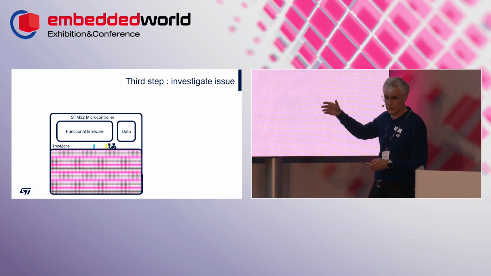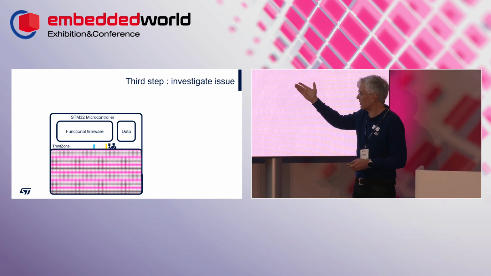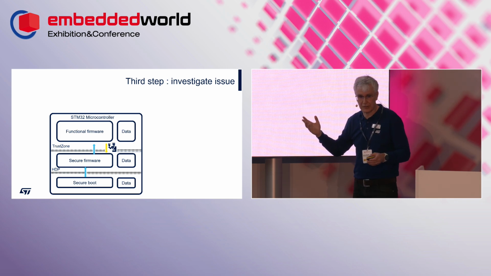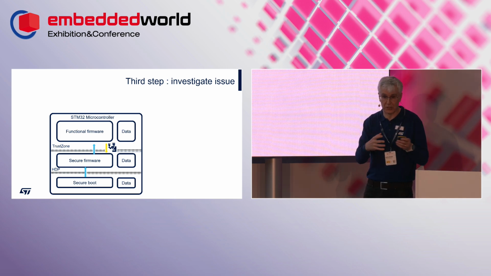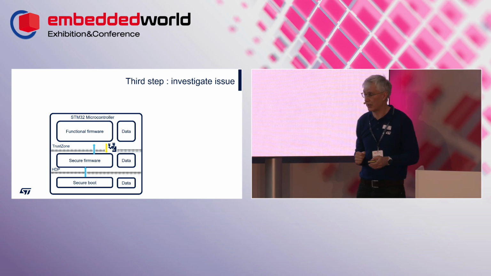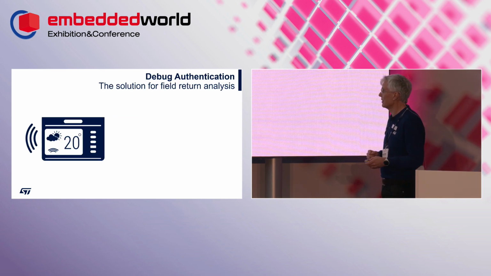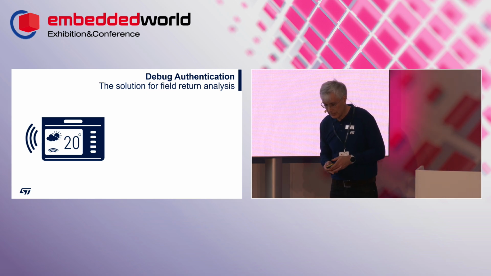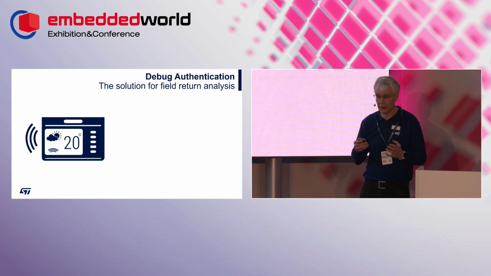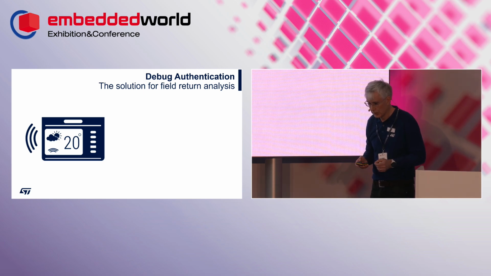For example, the certificate allows you to investigate at this stage, or at any stage you are authorized to do, depending on your issue, what you want to investigate. So debug authentication is the solution that we provide to address this kind of issue.